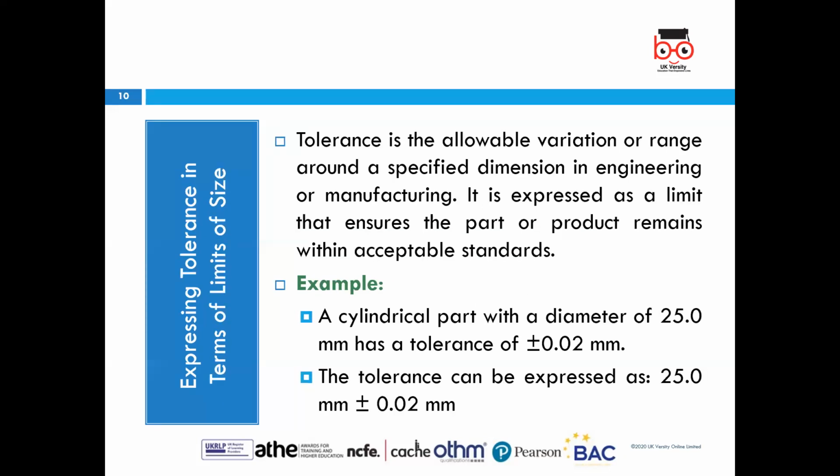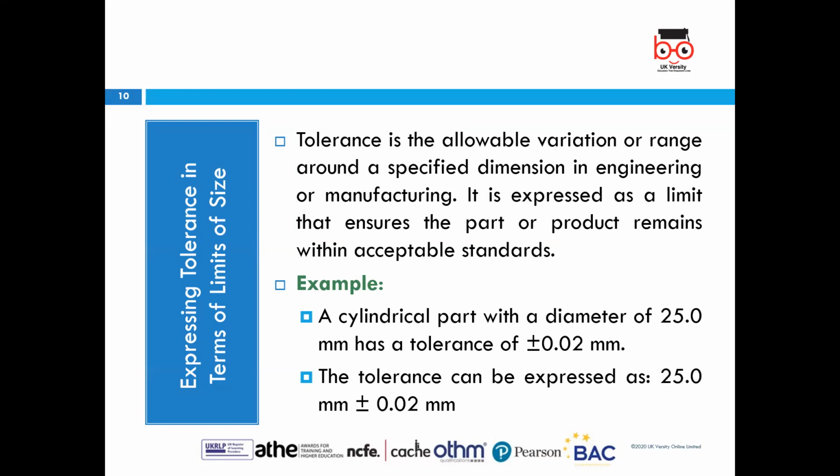Now next is expressing tolerance in terms of limits of size. Tolerance is the allowable variation or range around a specific dimension in engineering or manufacturing. It is expressed as a limit that ensures the part or product remains within acceptable standards. So it is generally used in, say, quality control calculations.